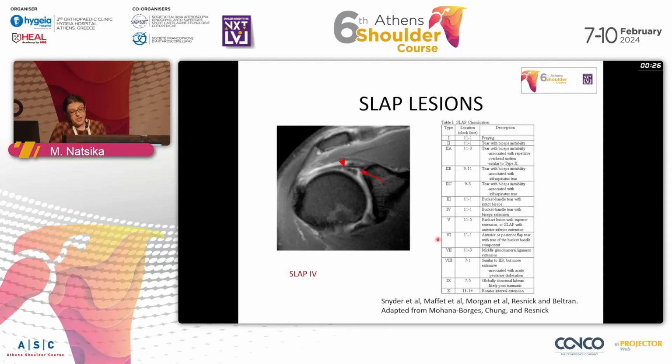Professor Resnick from San Diego has the opinion that it's not the labrum that extends the tearing inside the superior glenohumeral ligament, but coexisting lesions that have to do with repetitive stress. It's something that he told us last summer.